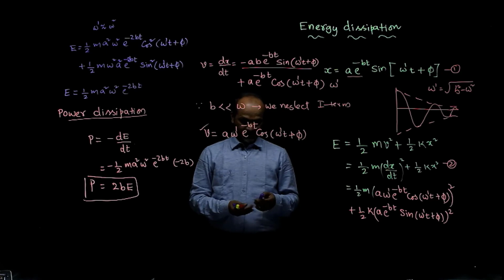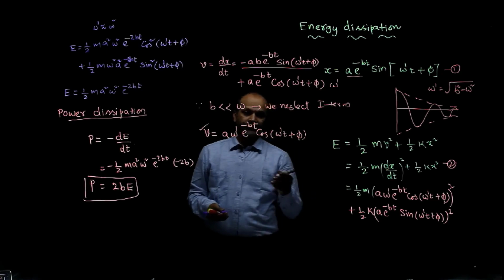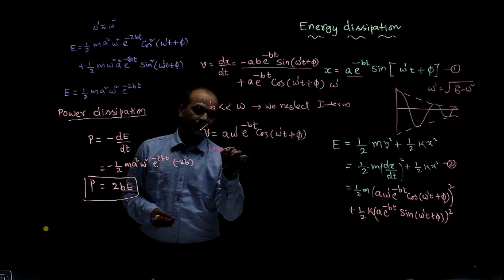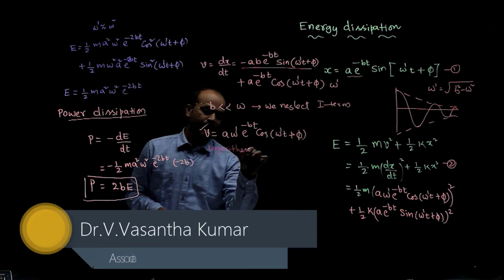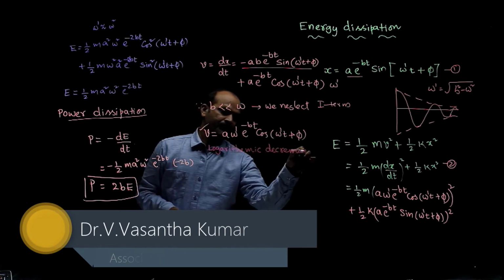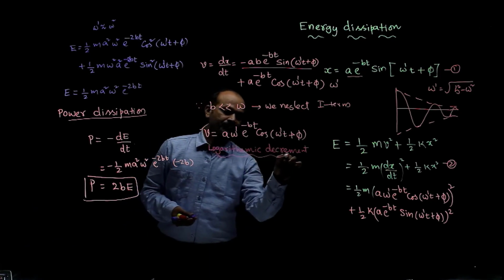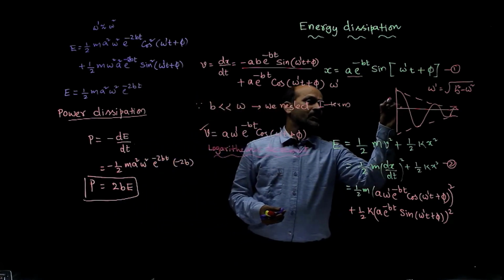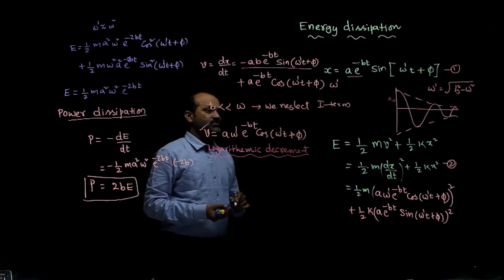Logarithmic decrement. So let A naught be the amplitude at t equal to 0 seconds.